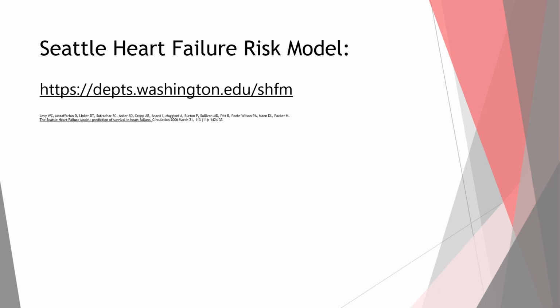Some of the other risk models, like Seattle Heart Failure Risk Model, can further risk stratify patients and also sometimes show patients what each therapy does to their overall morbidity and mortality.